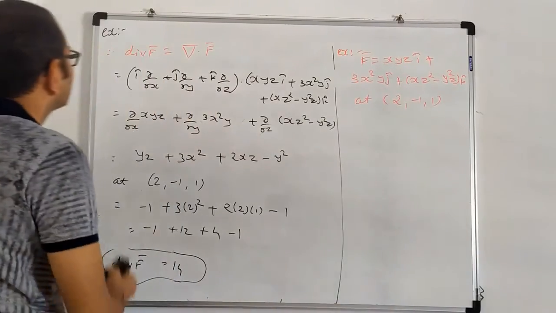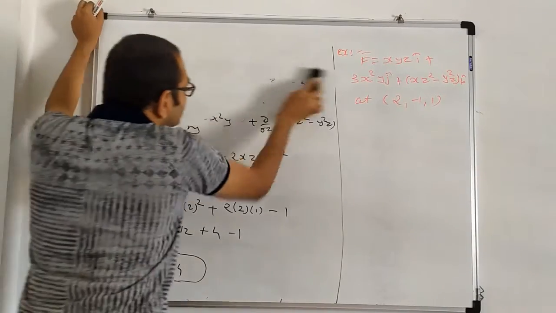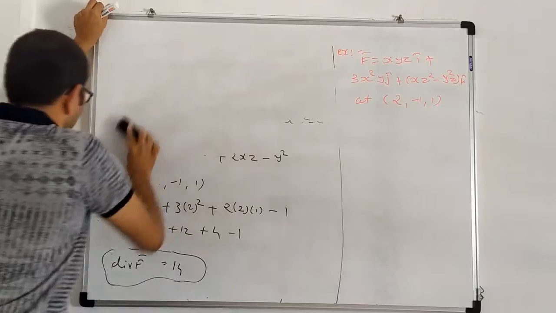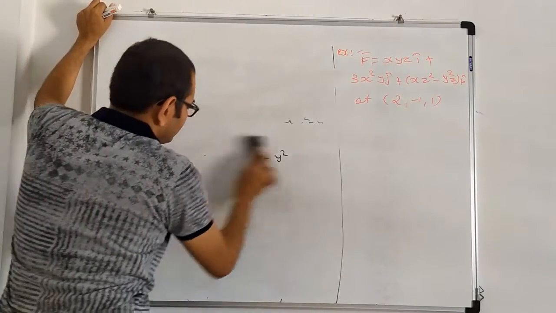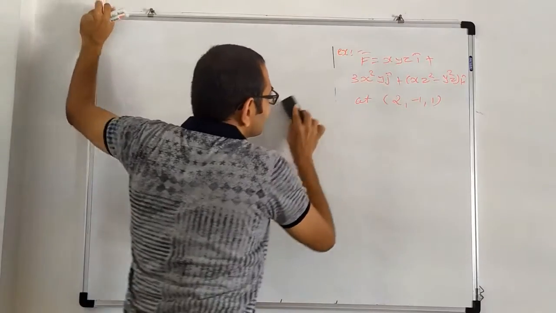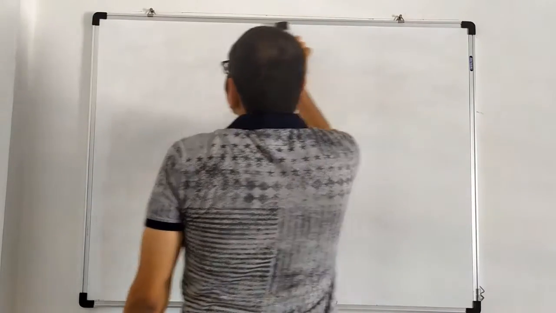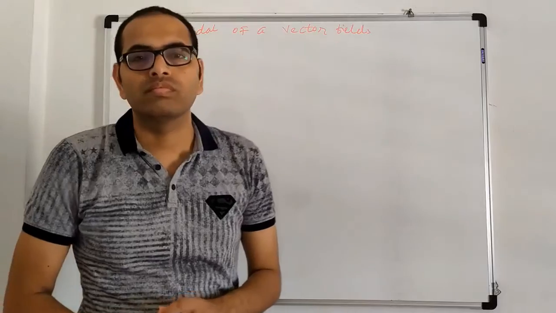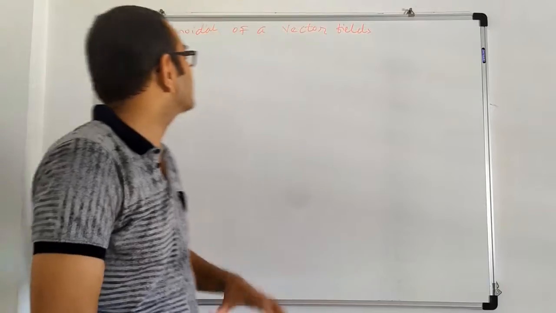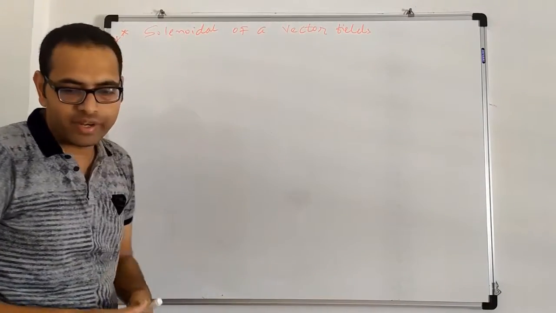Now, next one is the solenoidal of a vector field.